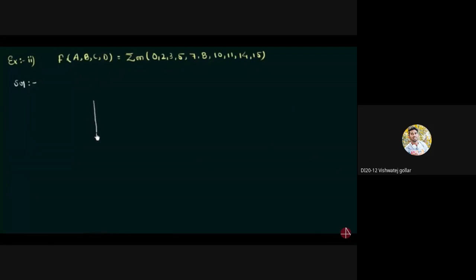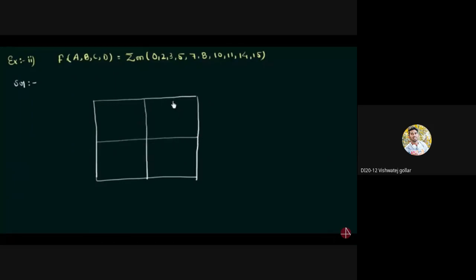So we will make the 16 cell K-map first. A is your MSB and D is your LSB.